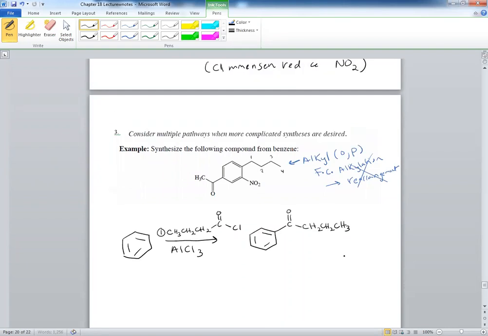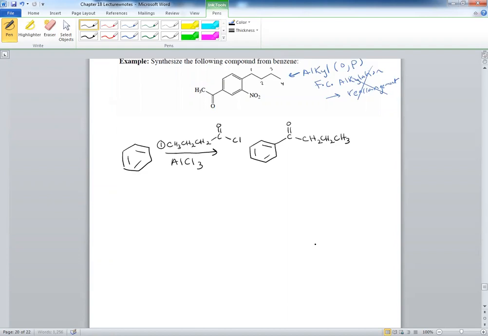Right there. Okay. So then we need to reduce this. And in this case, it wouldn't matter whether you use the Wolff-Kishner or the Clemmensen reduction. I'll just use the Clemmensen reduction.